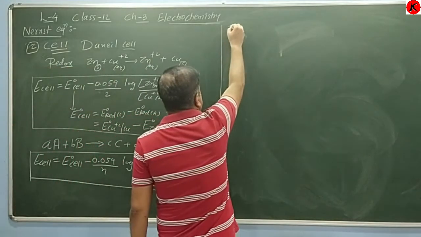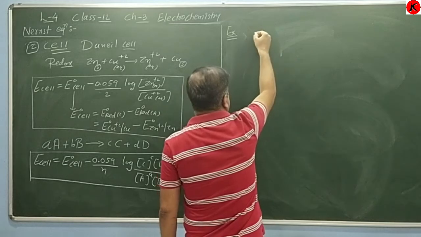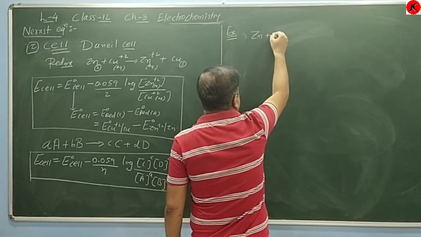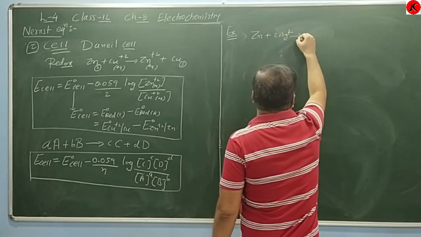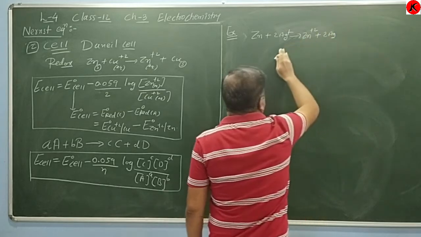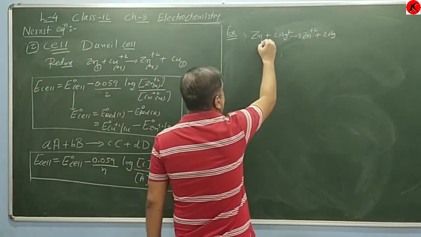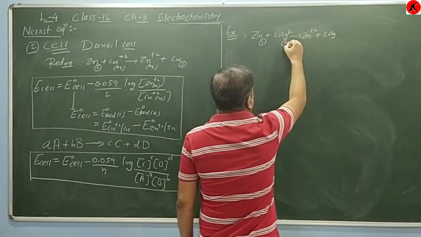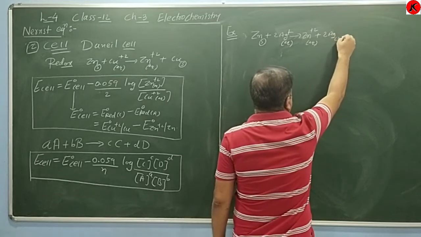Suppose, taking an example, the equation is given like this: Zn plus 2Ag+ gives Zn2+ plus 2Ag. Here Zn is solid, Ag+ and Zn2+ are aqueous, and Ag is solid.